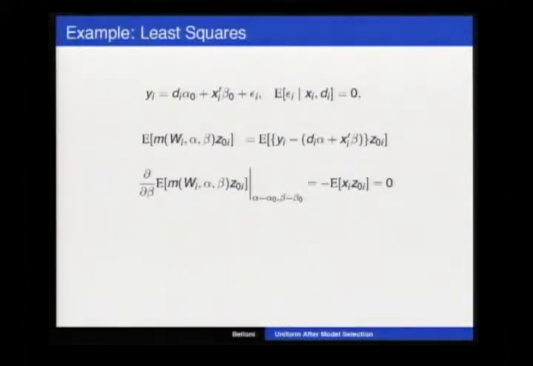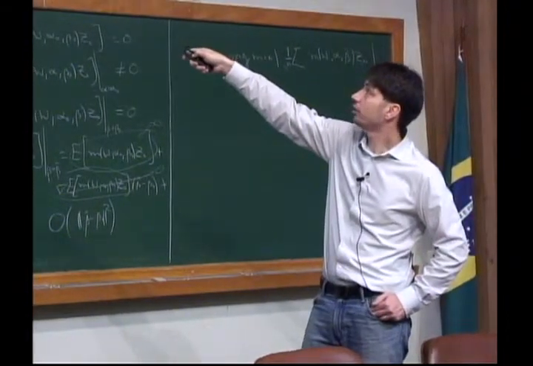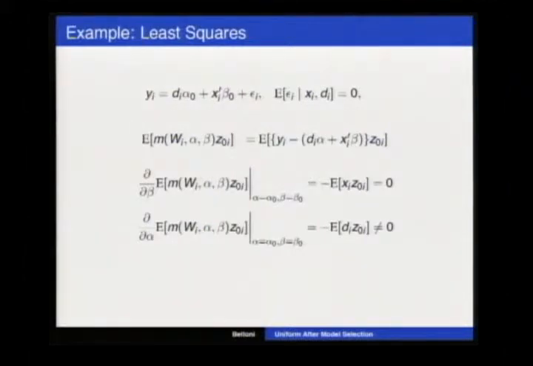So I need my instrument to satisfy this orthogonality condition. But I also need, when I take the derivative with respect to alpha, for it to be different than 0. So I want a variable that is correlated with the treatment, but uncorrelated with the controls. That's what we're chasing here.